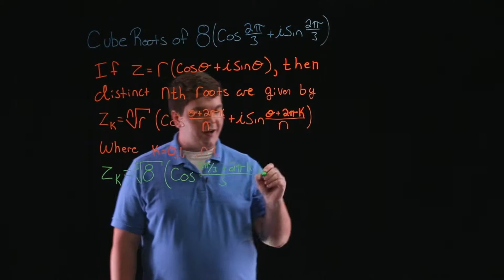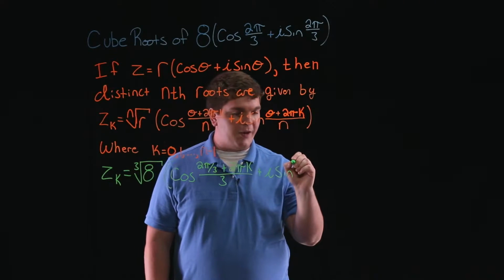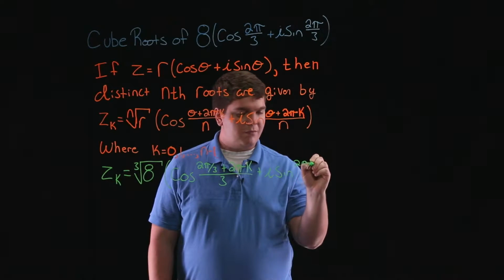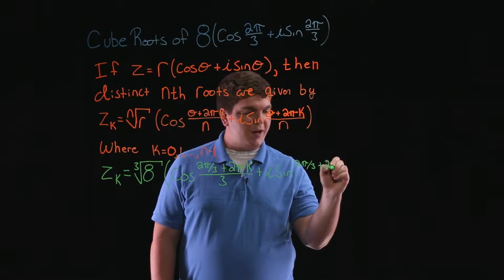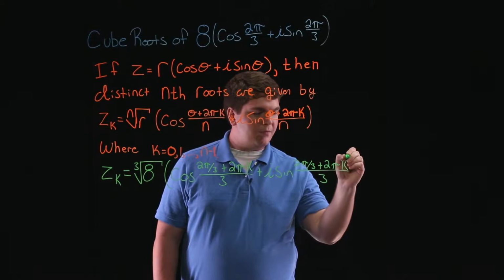And here we're adding i times sine of our angle, 2 pi divided by 3, plus 2 pi times k, all divided by 3.